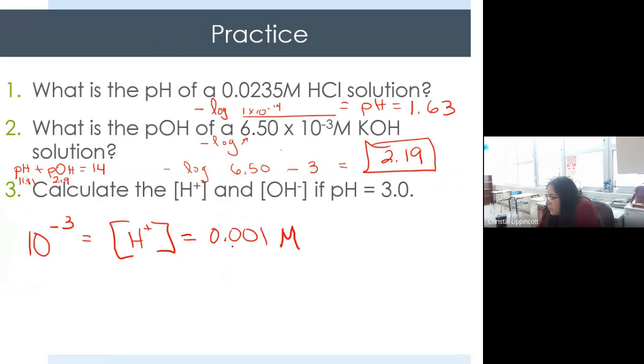I can approach this two different ways to figure out the molarity of the hydroxide concentration. I can take this guy and find the pOH, which would be 11. And then I can do 10 to the negative 11 to get my hydroxide concentration. Or the other thing I can do is take 1 times 10 to the negative 14 and divide it by that.